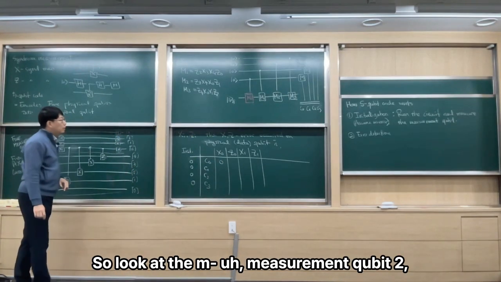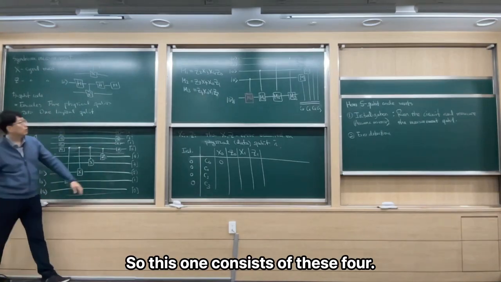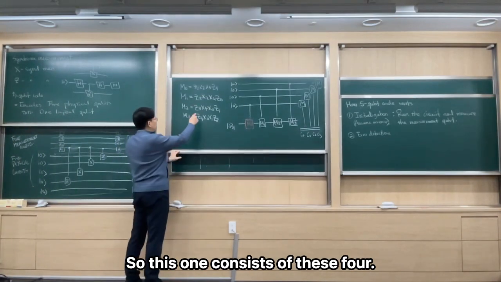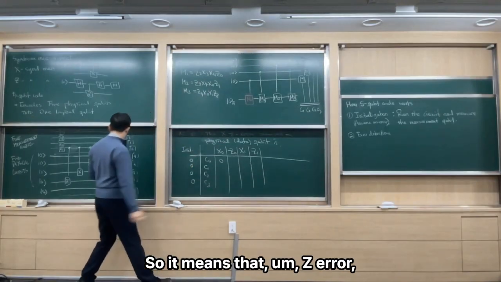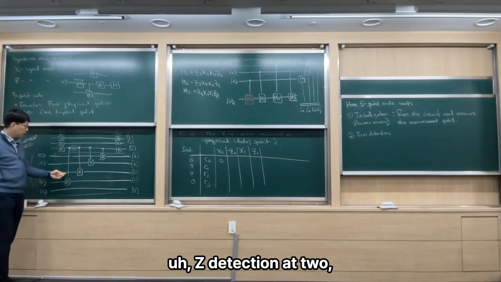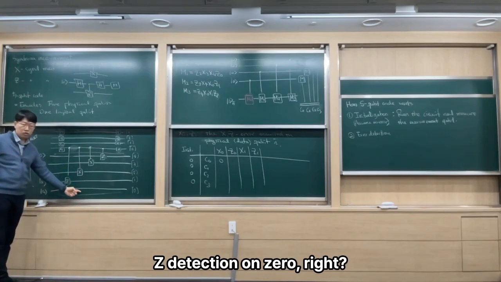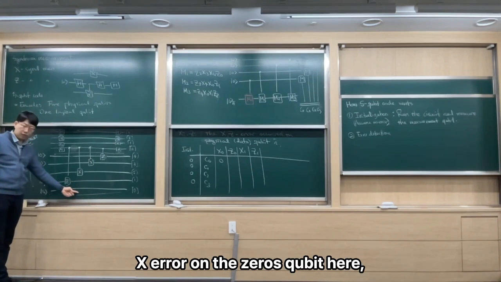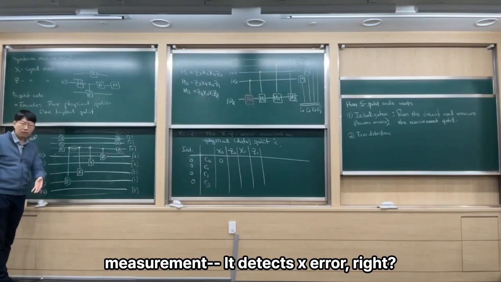Look at measurement qubit 1, the label 1. This one consists of these 4: Z detection at 2, X detection on 3, X detection on 4, Z detection on 0, right? If there was an X error on the 0th qubit, then since it's a Z syndrome measurement, it detects the X error.